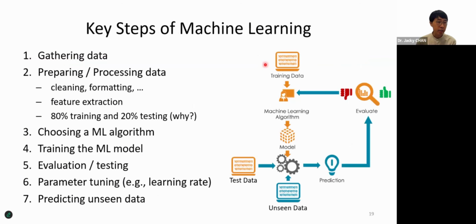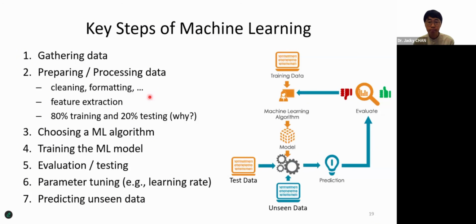This slide explains the key steps of machine learning. First of all, we have to gather the data that we need. We collect the data from different sources, but we have to ensure that we do it ethically. Second step, we prepare and process the data, including cleansing, which means cleaning the noise, putting it in the right format, and designing the formula to extract the feature values.